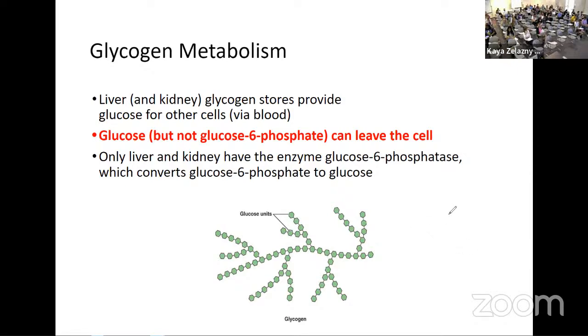Only liver and kidney cells have the enzyme that you can use to do that. So glucose 6-phosphate is what you would end up with if you just broke right here. And in order to make that normal glucose, you need to use the enzyme glucose 6-phosphatase. And then glucose is what would leave the cell.